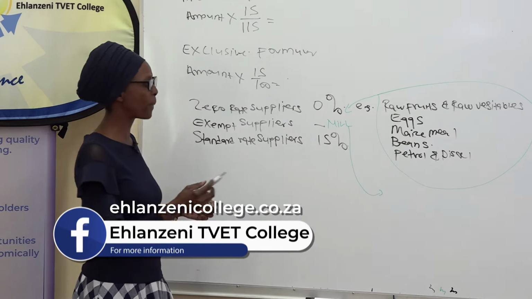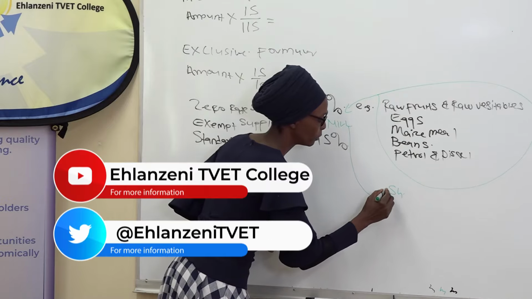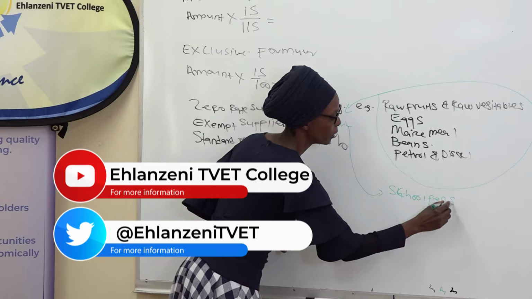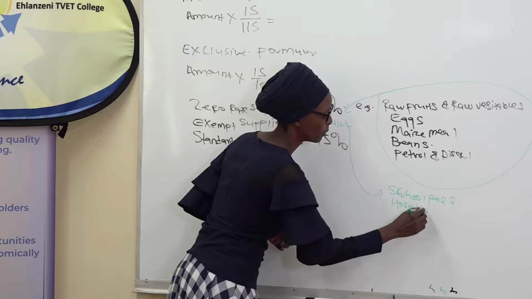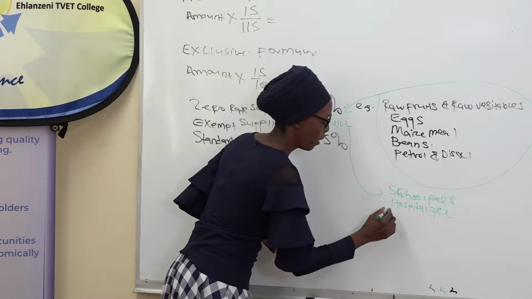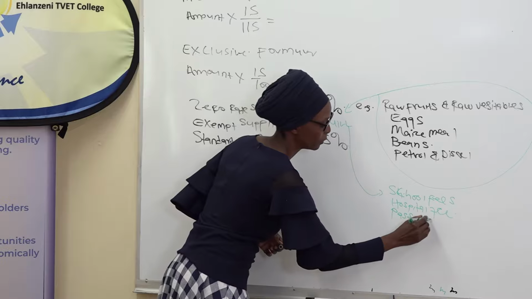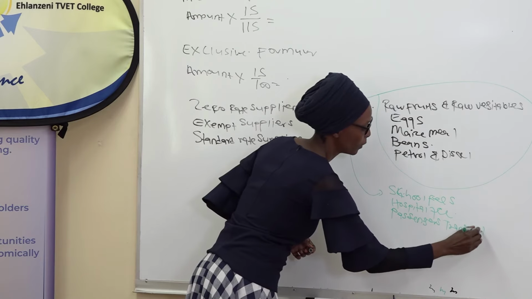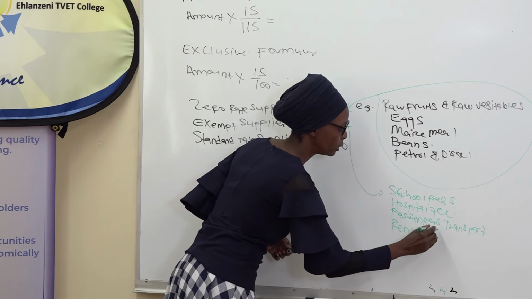Then the examples of the exempt suppliers are school fees, hospital fees, passengers transport, and the rent for accommodation.